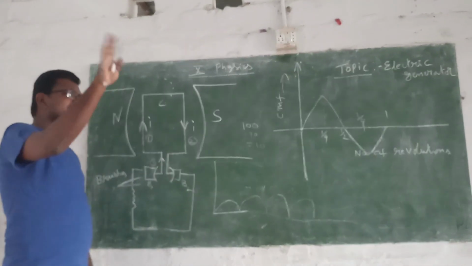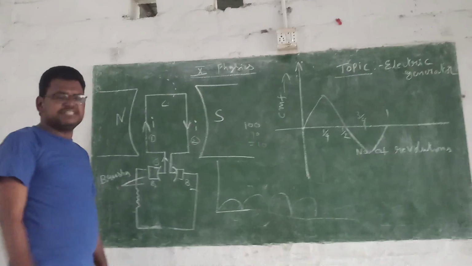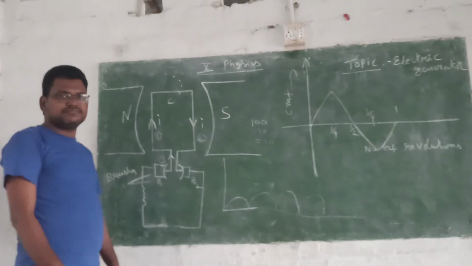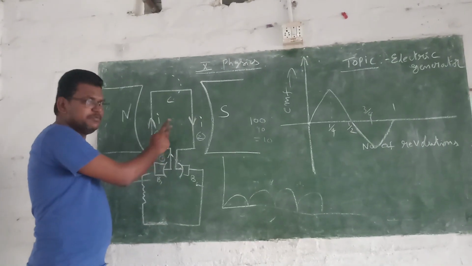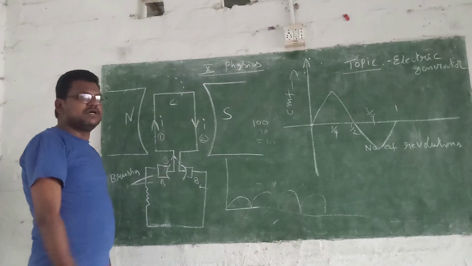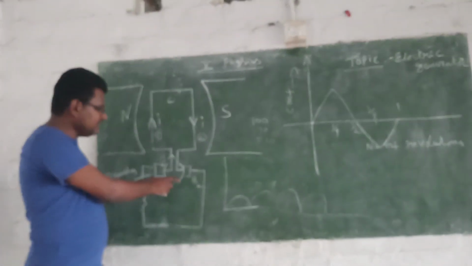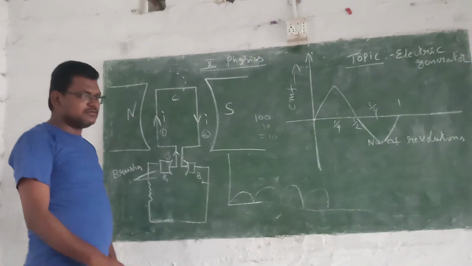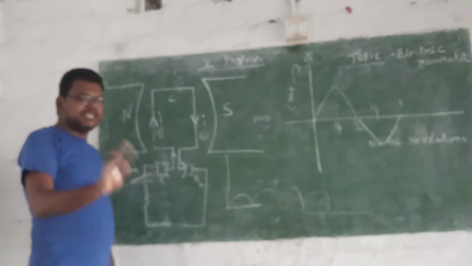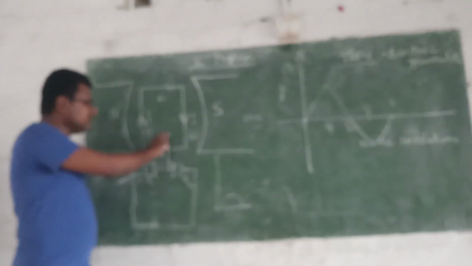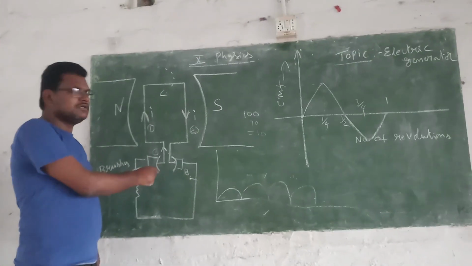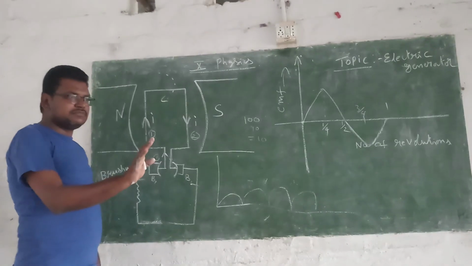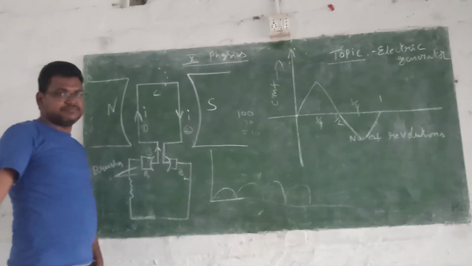Whereas in the case of an AC generator, depending upon the number of rotations of the coil per second, there is some frequency. But in the case of DC current, we don't have any such frequency. The frequency of a DC generator is 0, because after the half rotation the direction of current is not changing.